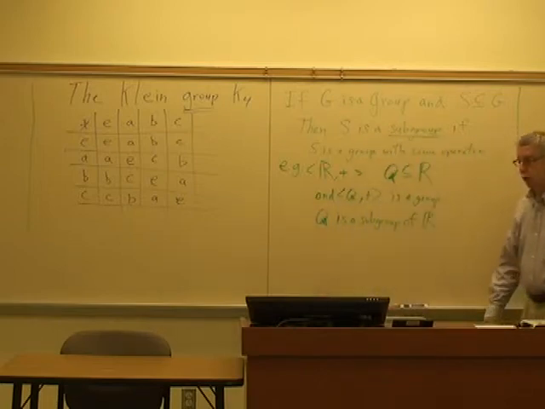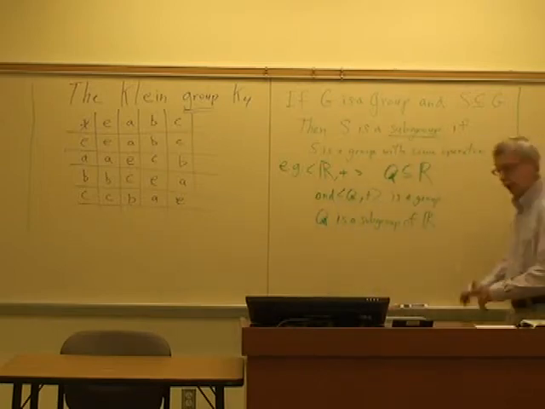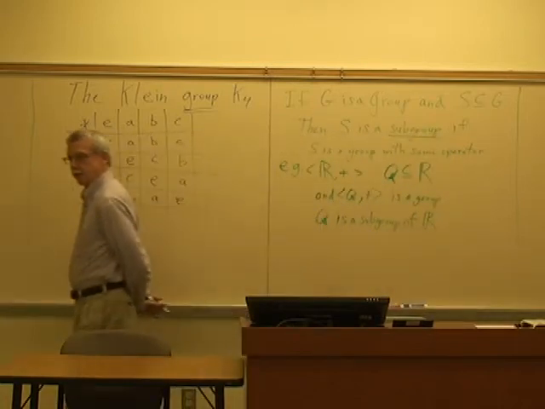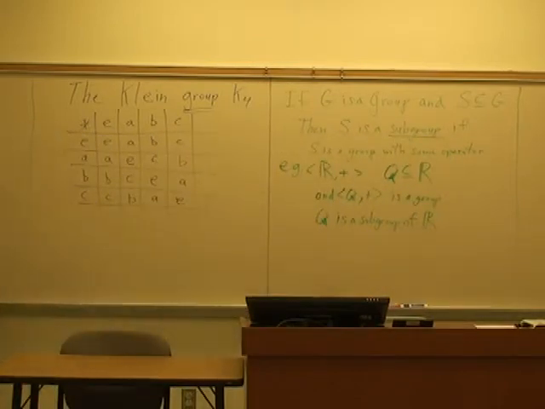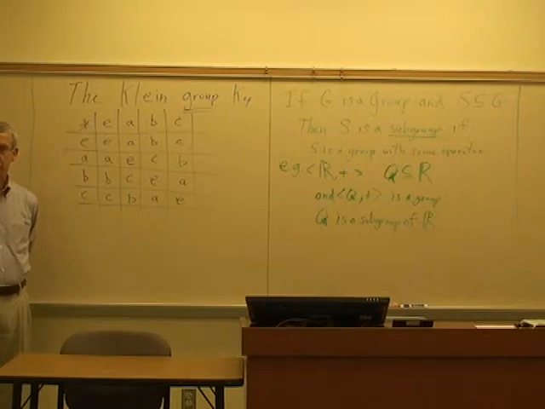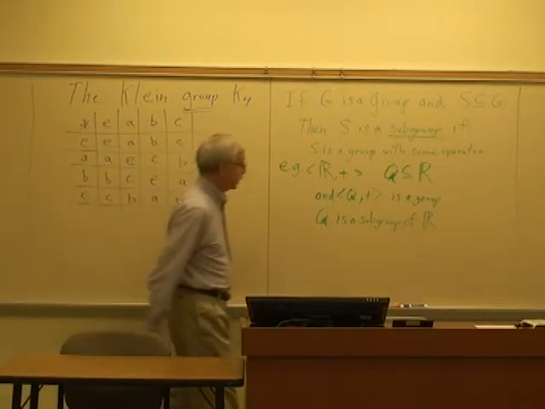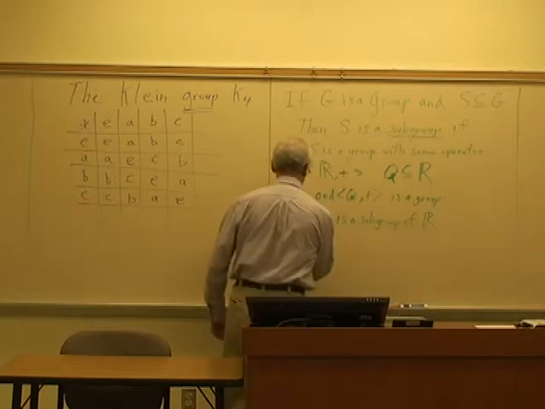of R, with addition. Can you think of another subgroup that's also a subgroup of the rationals, based on our studies of groups? What's a set that's contained inside the rationals that's also a group with addition? The integers, sure. So we actually have a little chain, right?